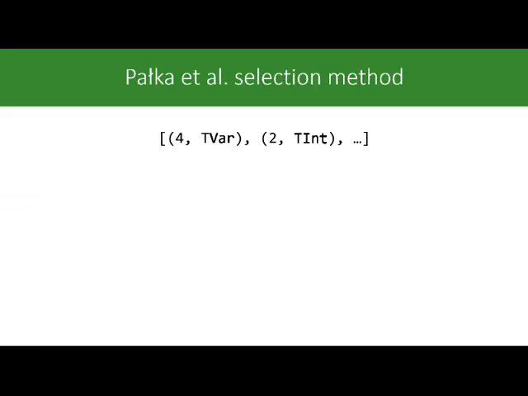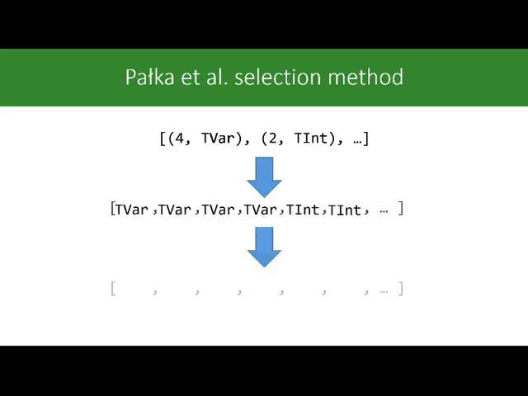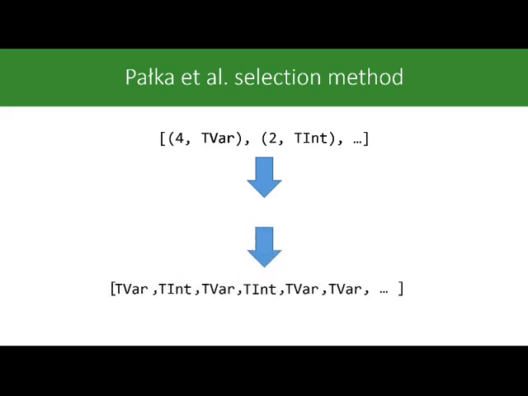Imagine you putting all the typing rules, or every generator based on those typing rules, which I here represent as tvar and tint, into a list with some weights, say 4 and 2 for var and int. Then what they do is expand each rule in as many occurrences as the weight that is corresponding to. So we have 4 occurrences of tvar there, 2 of tint, and so forth. Then we perform a random permutation, a uniform random permutation that we can do in a bunch of ways.